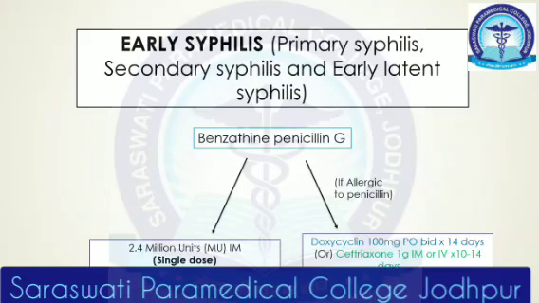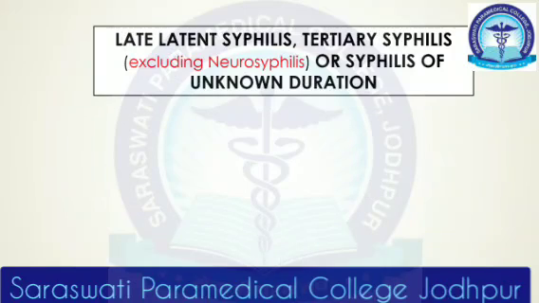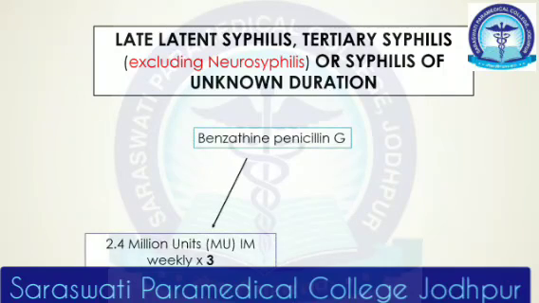Now let's talk about how we treat late latent syphilis, tertiary syphilis excluding neurosyphilis, or syphilis of unknown duration. The treatment of these stages is the same as early syphilis.